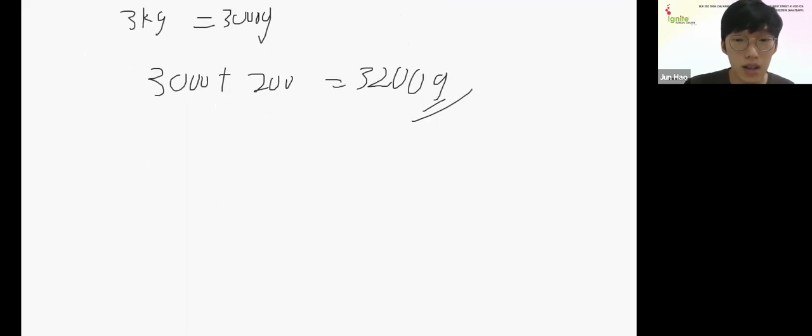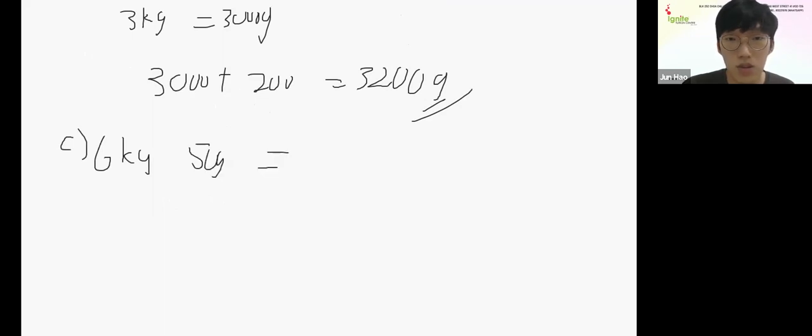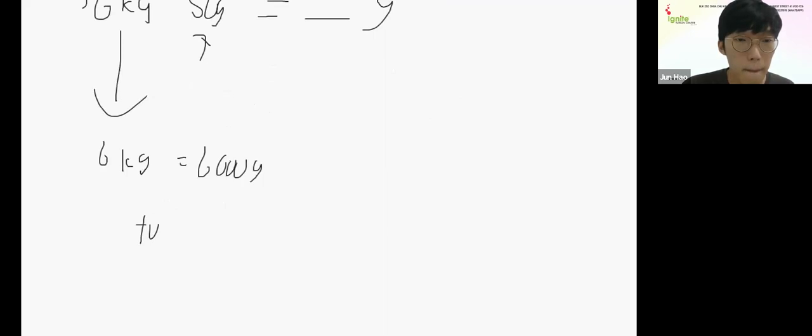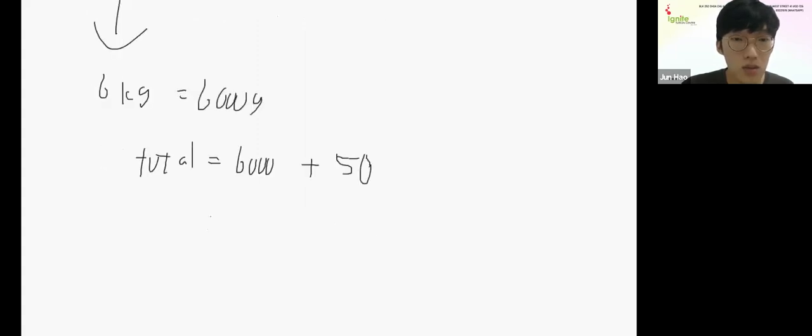All right, and then now part C, 6 kg, 50 grams. By now you should know how to do it. This one, leave it. This one, change. So 6 kg is equal to 6000. Very good. So total 6000 plus the 50 that we didn't do anything to, equals 6050 grams.